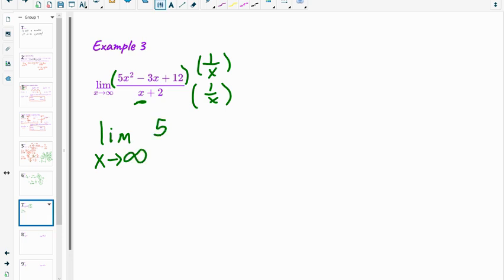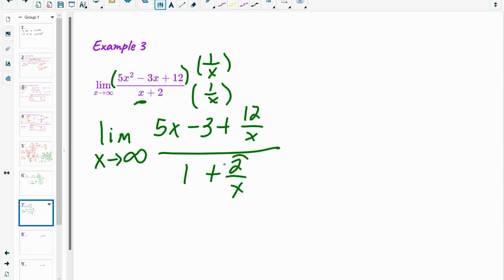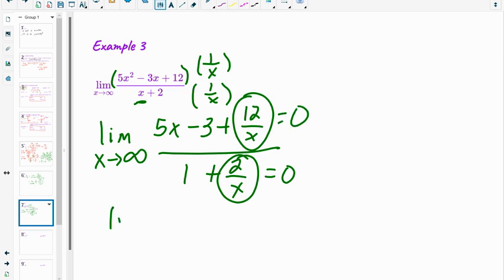That'll just give me 5x. 3x over x, that's just minus 3. Plus 12 over x, all over x over x, which is just 1, plus 2 over x. We can take our limits that go to 0, and then we've got something over 1. So when we rewrite this limit, we'll rewrite it as the limit as x approaches infinity of 5x minus 3.